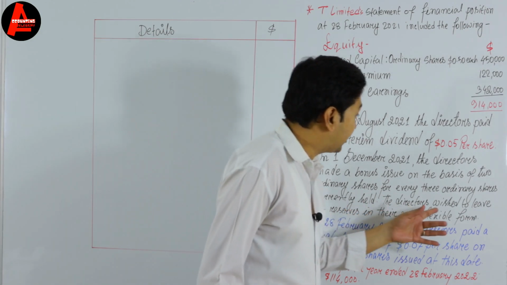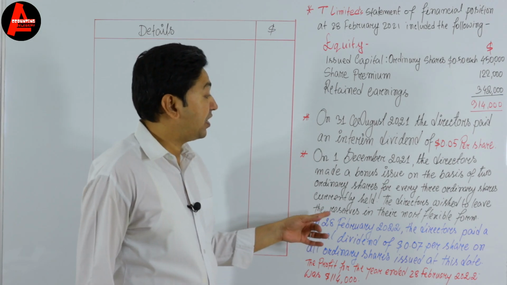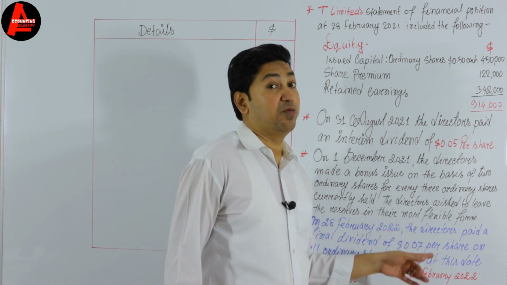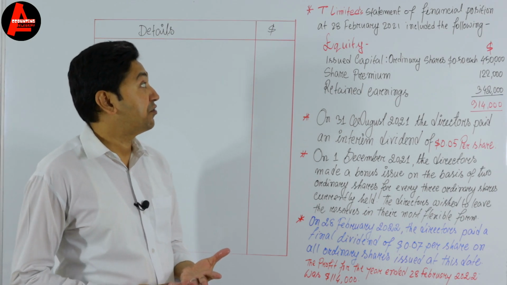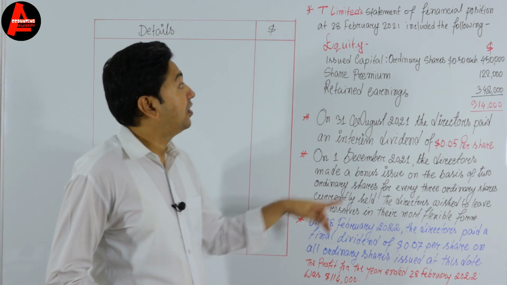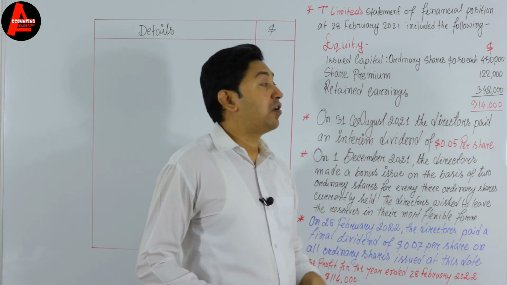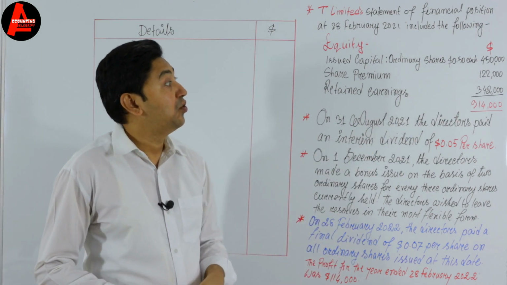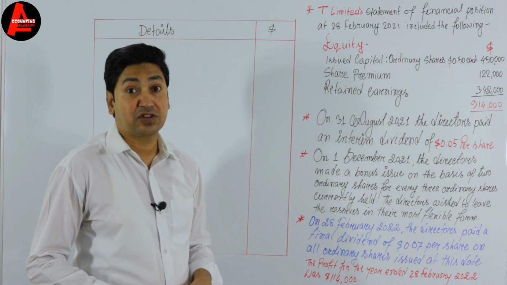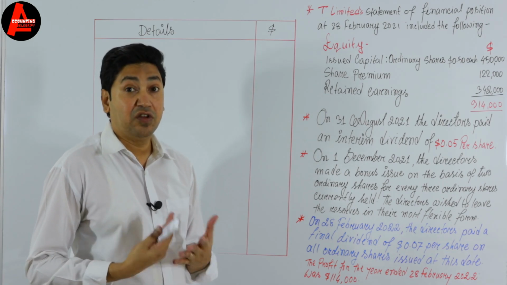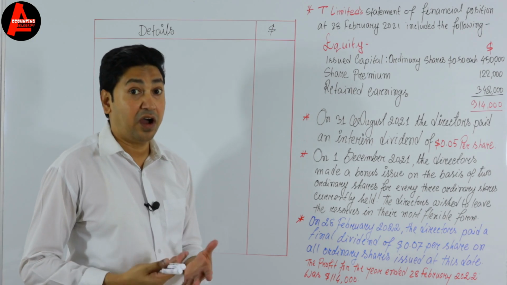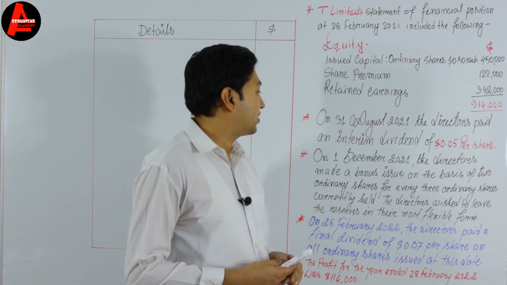The directors wish to leave the reserves in their most flexible form. To issue bonus shares, we used the reserves. Here we have 2 reserves: share premium $122,000 and retained earnings $342,000. How we journalize this bonus share, you can watch the video. I'll link to this video in the description box.